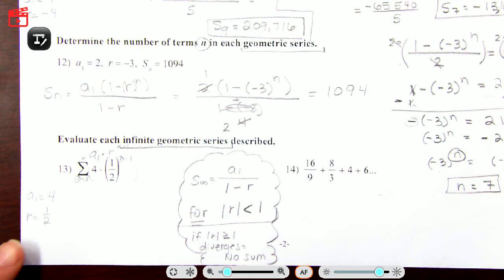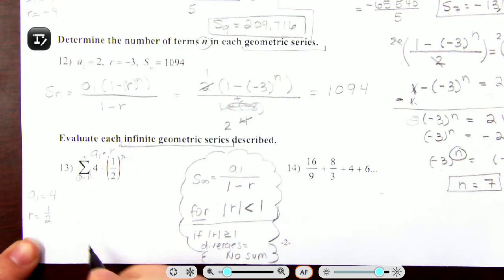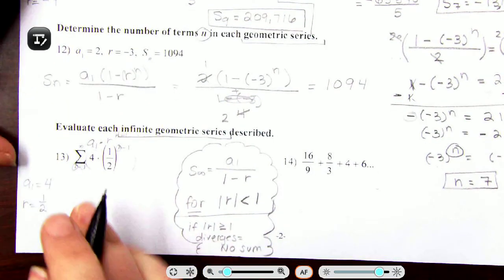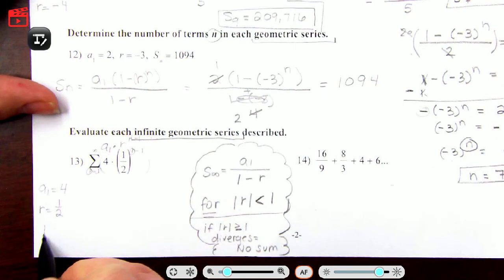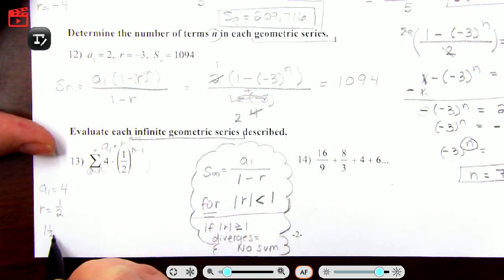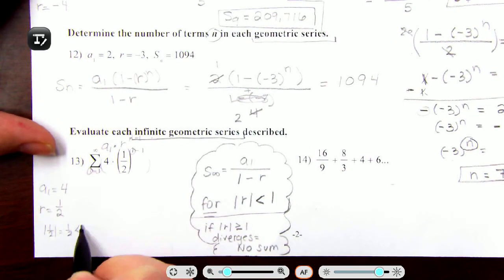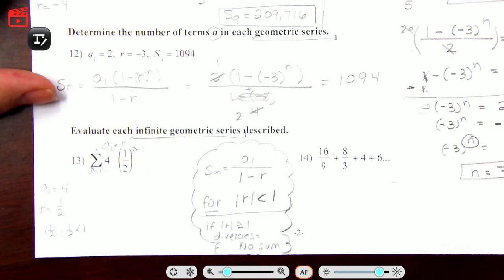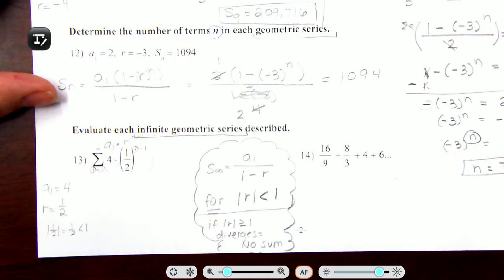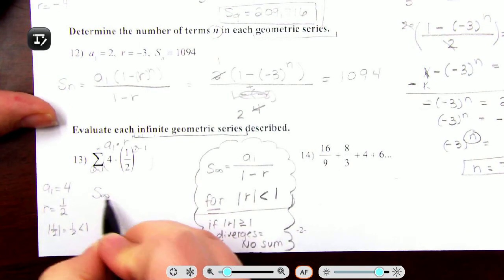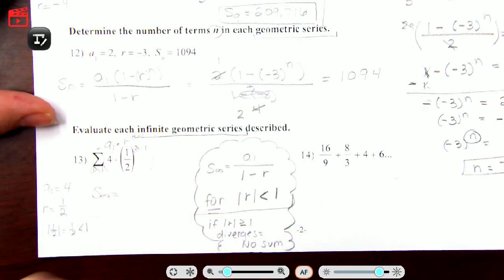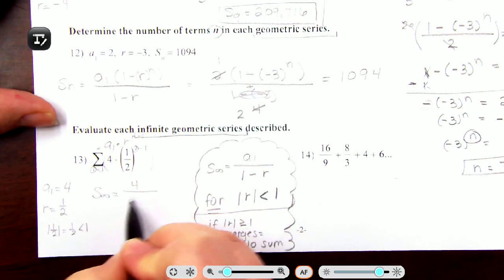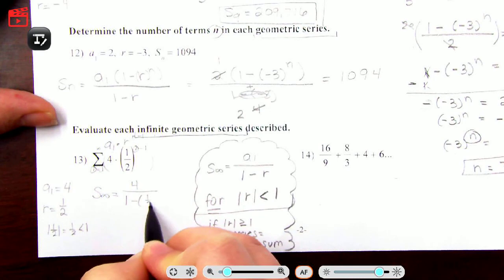Now in my head, what I'm doing, I'll write it down here. I'm trying to save room, but I will write it here. In my head, I'm doing the absolute value of 1/2 is 1/2, which is in fact smaller than 1. So yes, we can solve it. You must check your common ratio. So S sub infinity is equal to a sub 1, which is 4, over 1 minus r, which is 1/2.